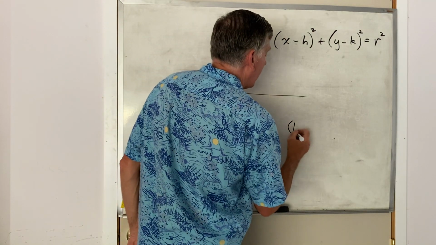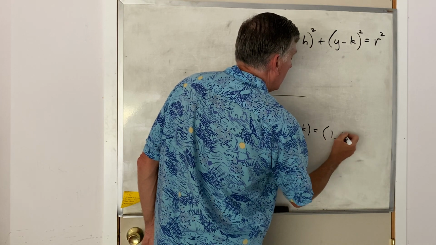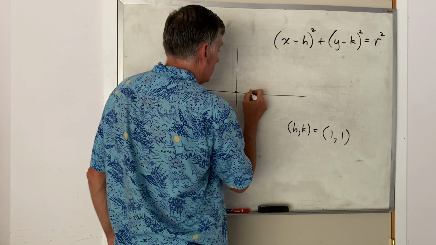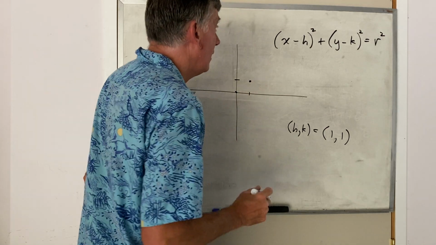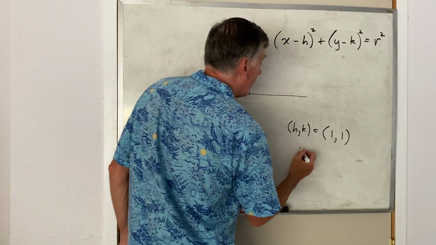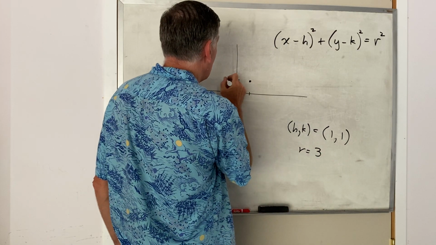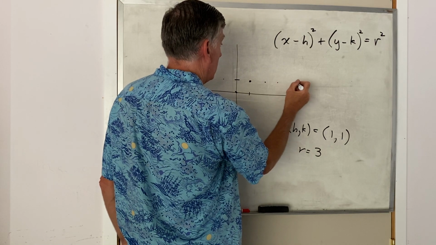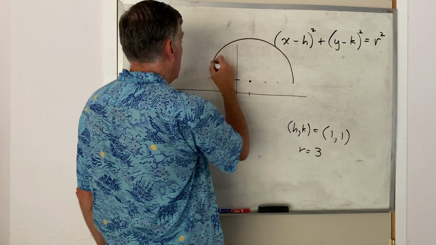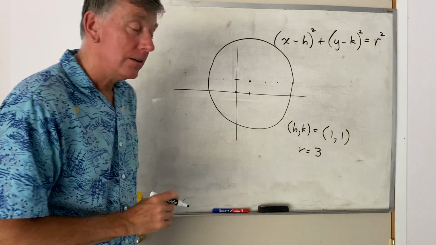Let's suppose our hk is 1, 1. So the center of my circle is there. And let's suppose my radius is equal to 3. Then my circle is going to look like something like that.